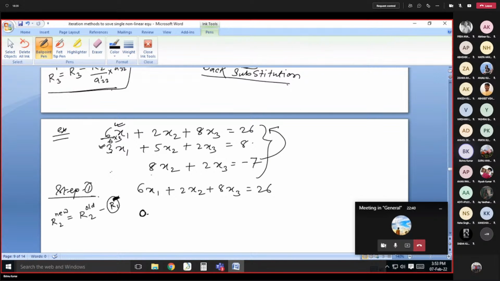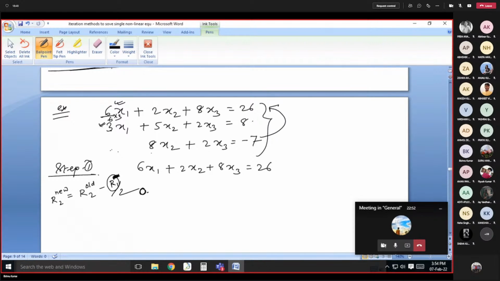Then subtract, and this position will be 0. So in R1 you are dividing by 2 and subtracting. You got this? Yes, sir.